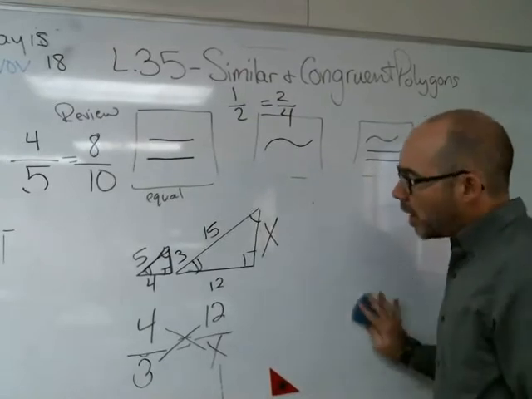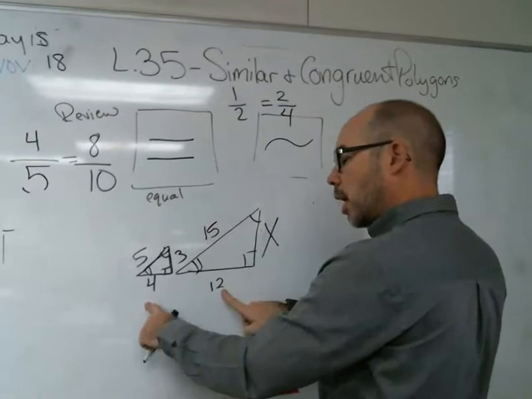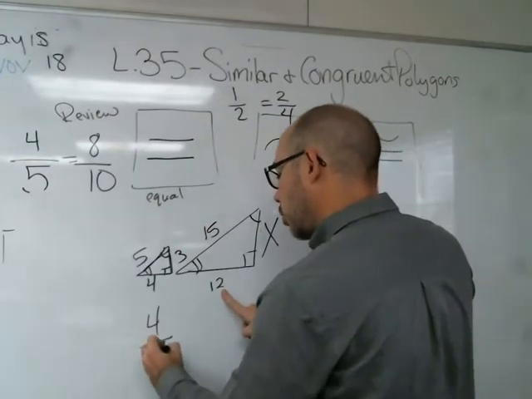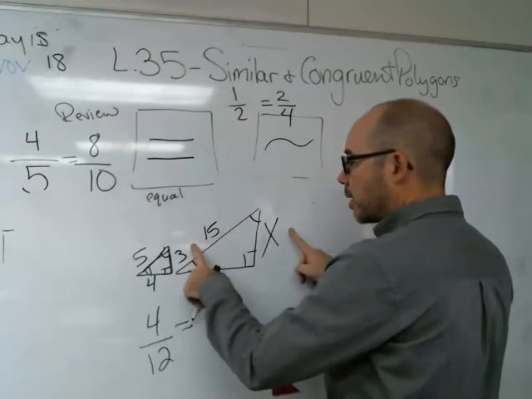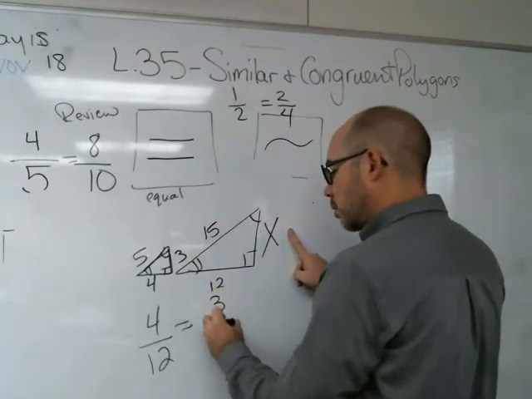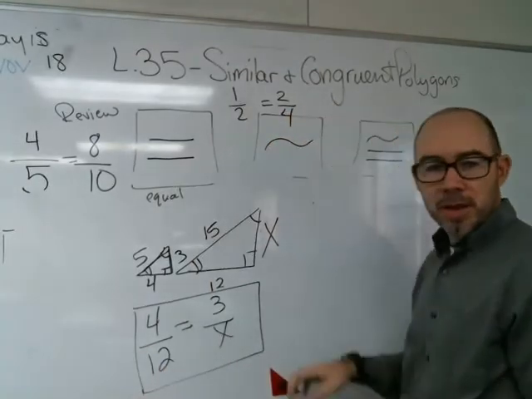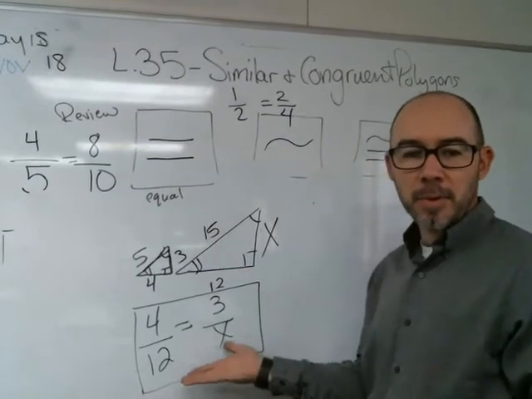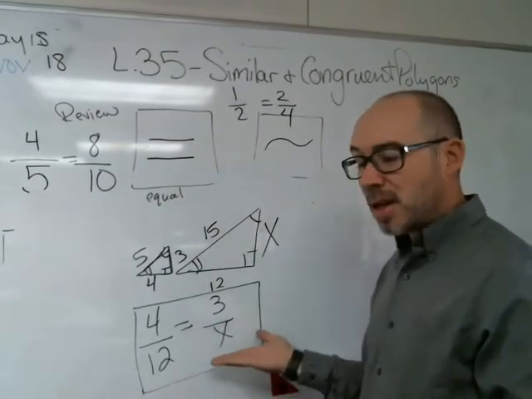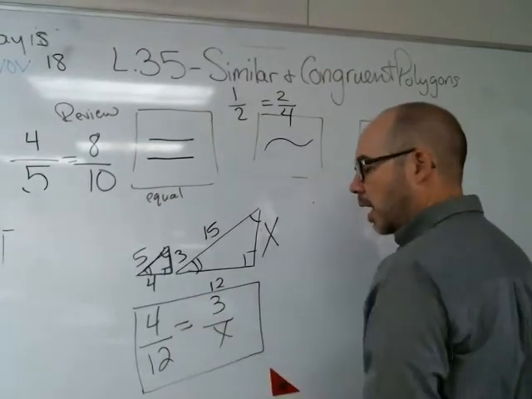I can do it one more way, and that would be kind of what I was pointing to here. I could say 4 is to 12, that relationship, as 3 is to x. That's also proportional. So yesterday when I was moving those sticky notes all over the place, we made all kinds of different proportions. We're doing the same thing here, just with triangles. 4 is to 12 as 3 is to x.